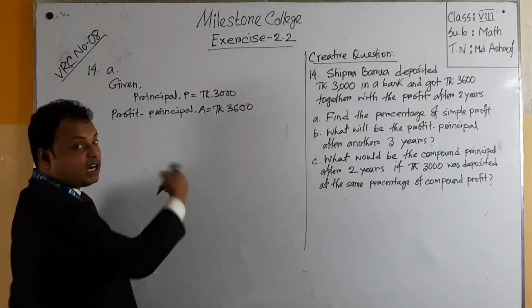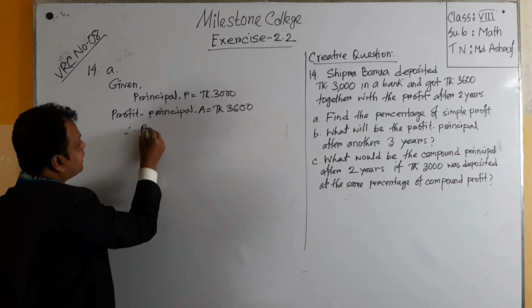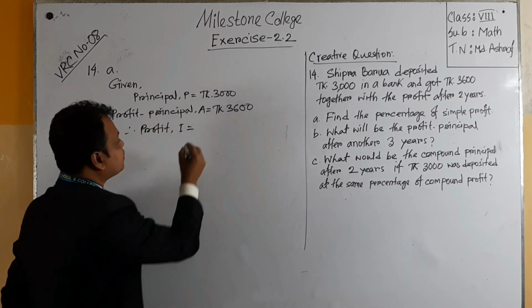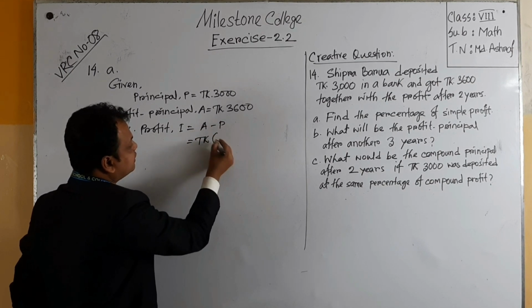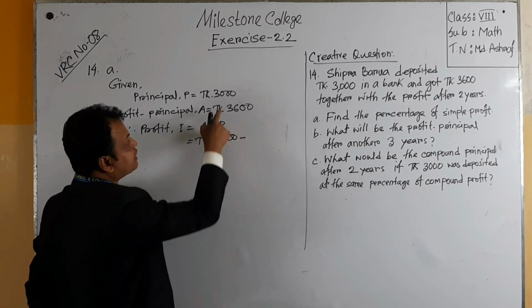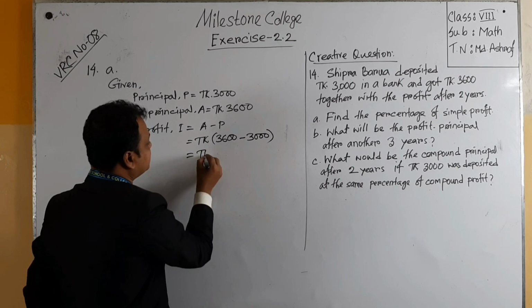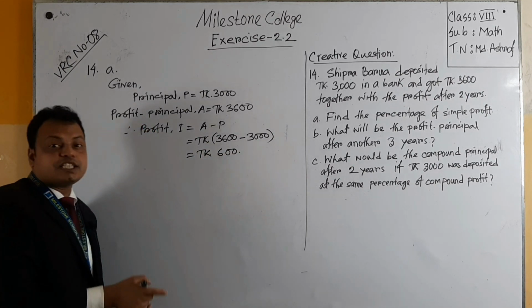So we need I. From A and P we will find I. Therefore profit I equals to A minus P. What is A? Taka 3600, then minus P. What is P? 3000. So what will be? Taka 600. So 600 is profit.